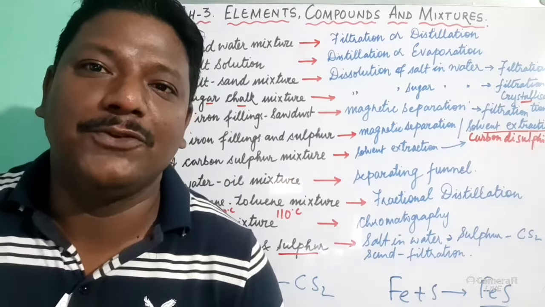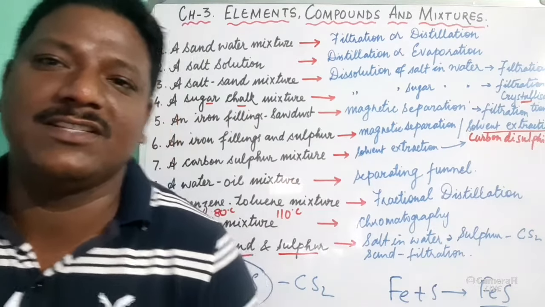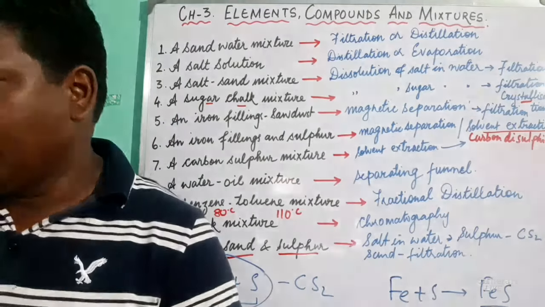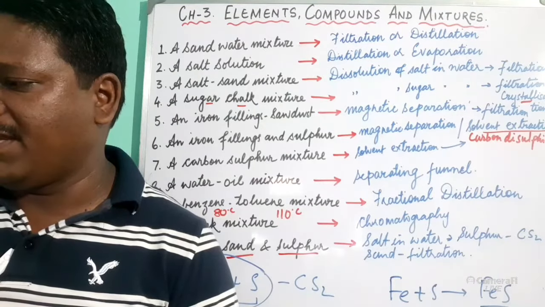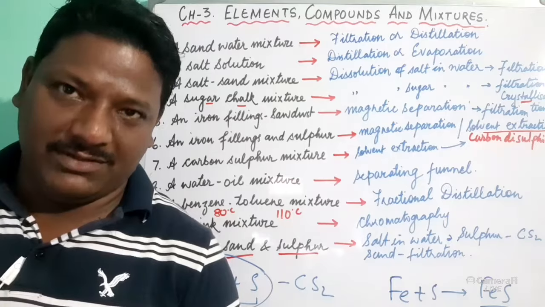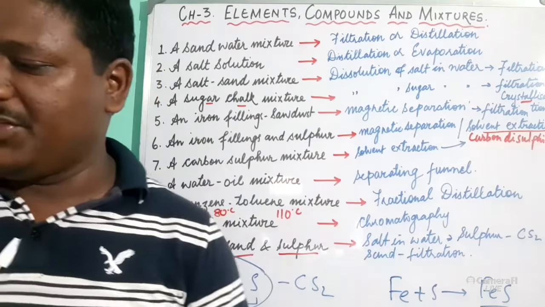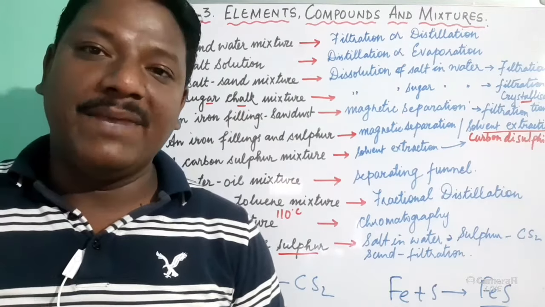Yes, some of you already know the answer, that is Liebig condenser. Number B, the phenomenon in which a substance gets vaporized without melting. This is sublimation. Sublimation is the phenomenon in which a substance gets vaporized without melting.